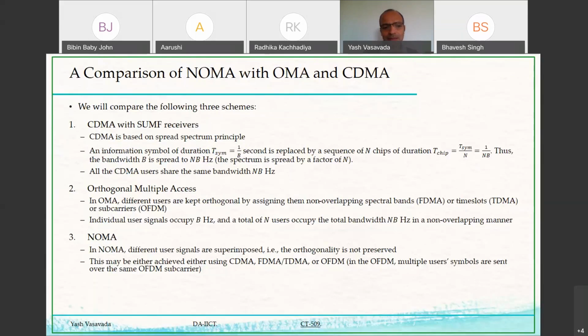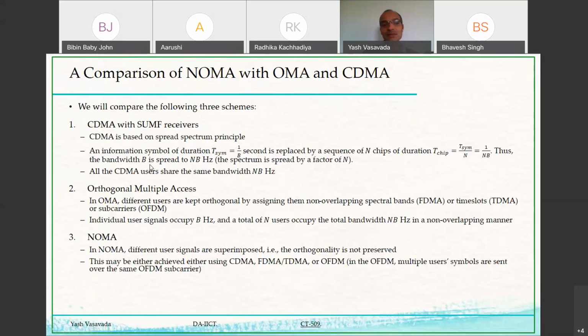But still, I think it took quite a bit of almost, I would say, revolutionary thinking for the researchers to say that no, NOMA is a viable technique, because otherwise mainly either the CDMA or the OMA were the main focal points.